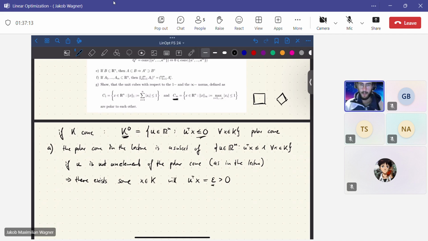And then we can again use that we are dealing here with a cone. So we know that lambda X is also in K for all lambda greater or equal than 0, since K is a cone.